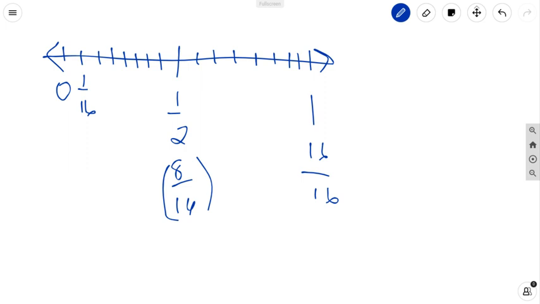So let's say 2/16 is really 1/8, but we'll just leave it as 2/16, and 4/16 is really 1/4, so I'll put that 4/16 is this line. And 3/16 is in the middle.